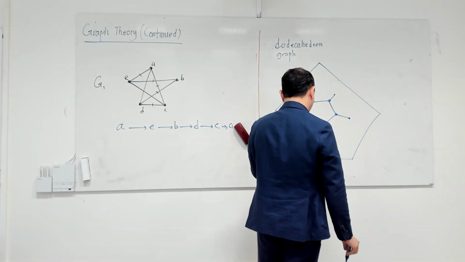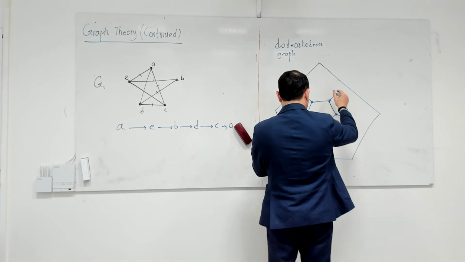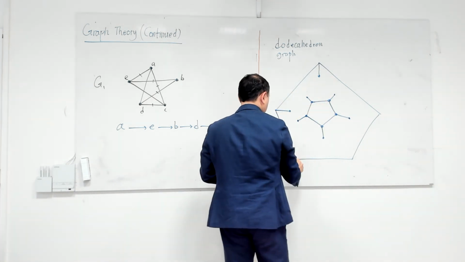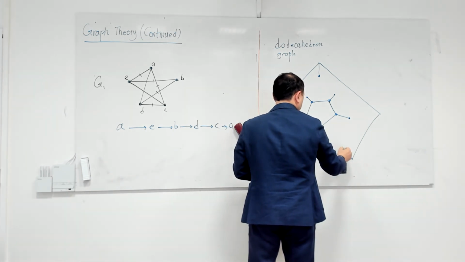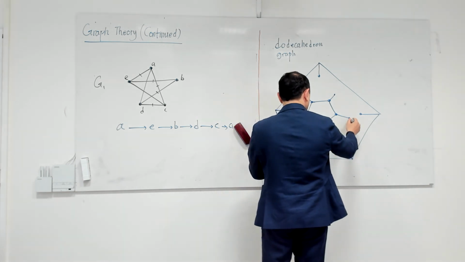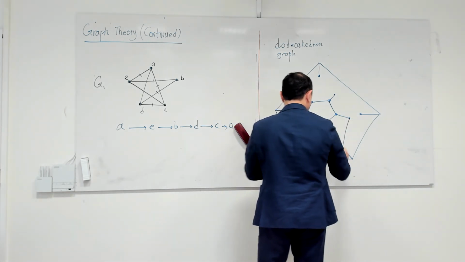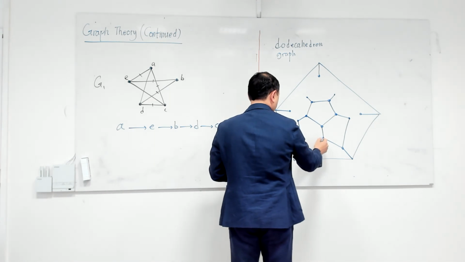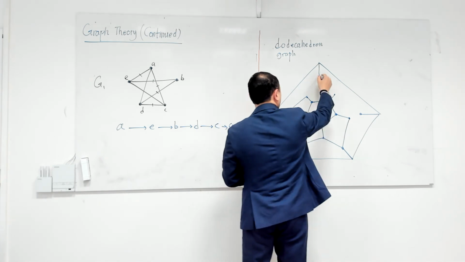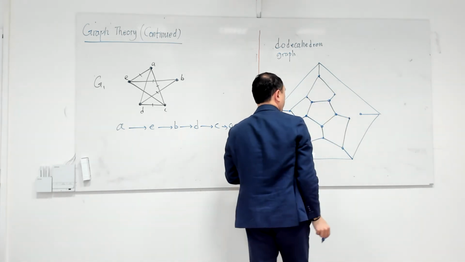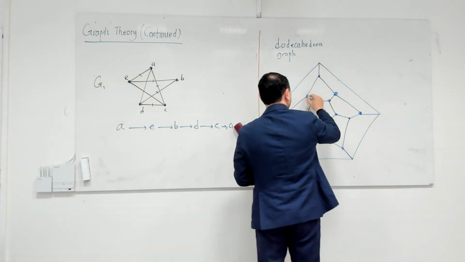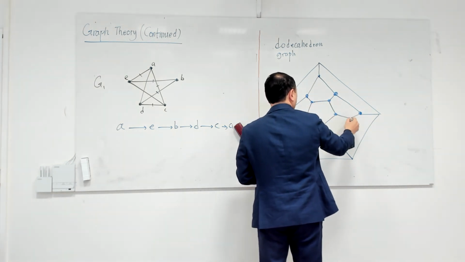And then from each side I have something like this. I couldn't draw it very nicely, but it's completely symmetric if you do it.